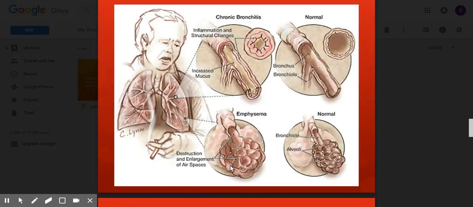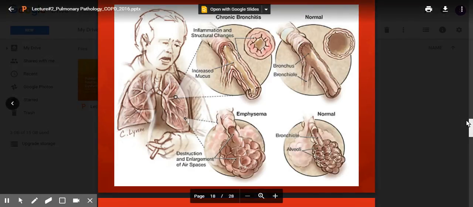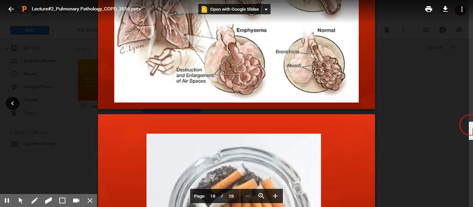Combined with small alveolar destruction resulting in loss of airflow, impeded airflow because of the inability to exchange the air in these pockets, these emphysema pockets. And obviously the artist adding in the number one cause and reason for development of COPD is that individual who smokes throughout their lifetime.